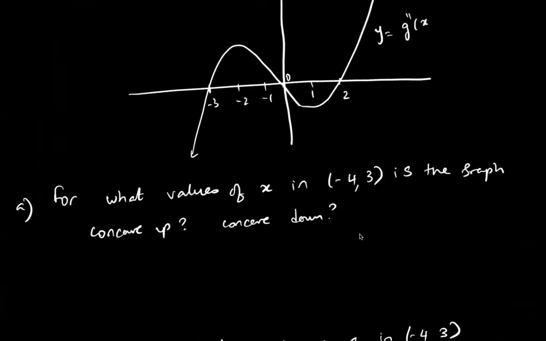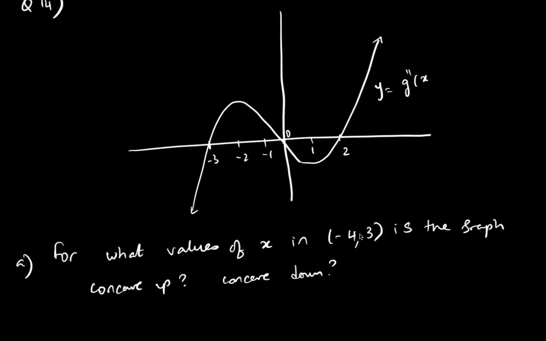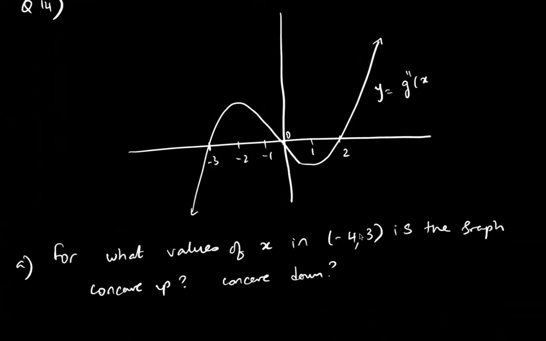All right, in this one, the second derivative of a function is given. For what values of x in the interval negative 4 to 3 is the graph concave up and where is it concave down? This is the graph of the second derivative. They want you to restrict all your answers between negative 4 and positive 3. So this is the interval they want you to look at.